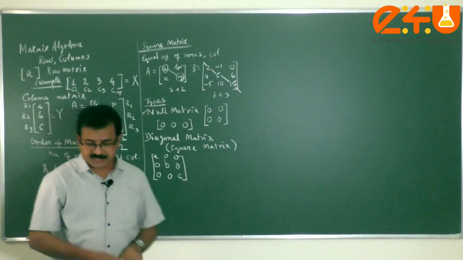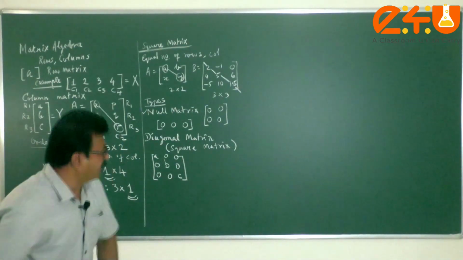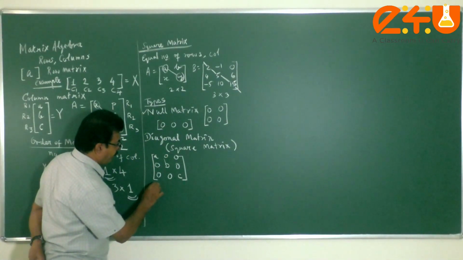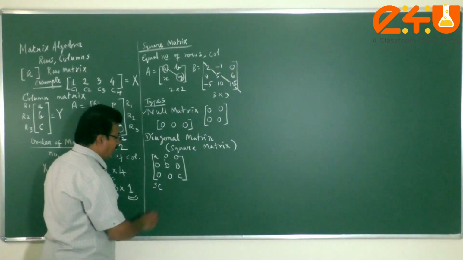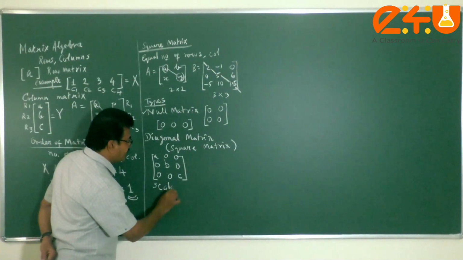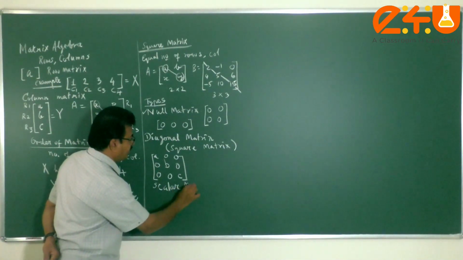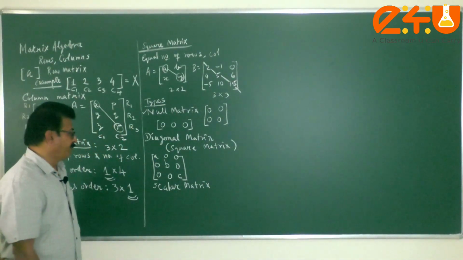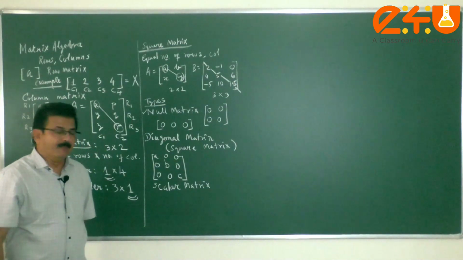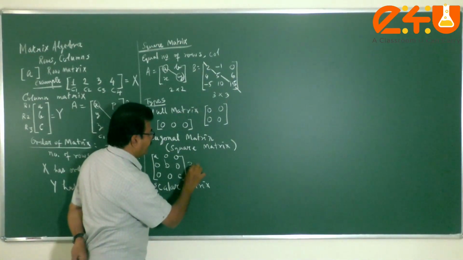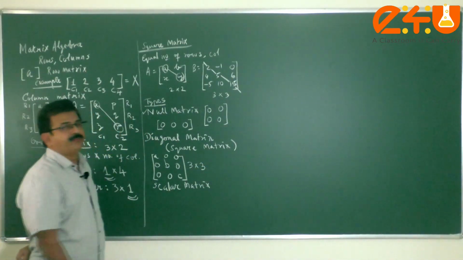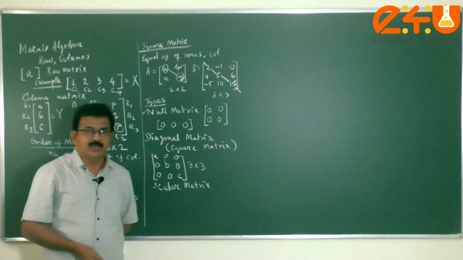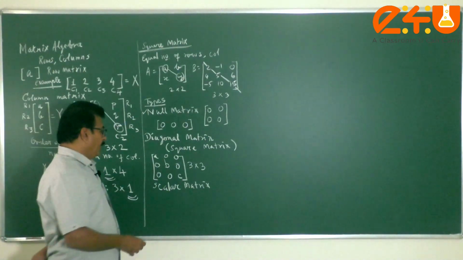We come to the next level of the diagonal matrix. What is that? Let us come to a special case of diagonal matrix, which is scalar matrix. In the previous case of diagonal matrix, I dealt with a 3 by 3 matrix. A 3 by 3 is a common entry in our class 12 syllabus of CBSE.